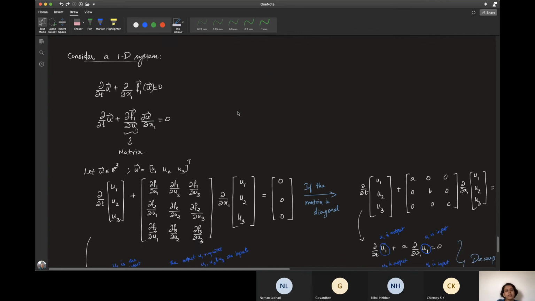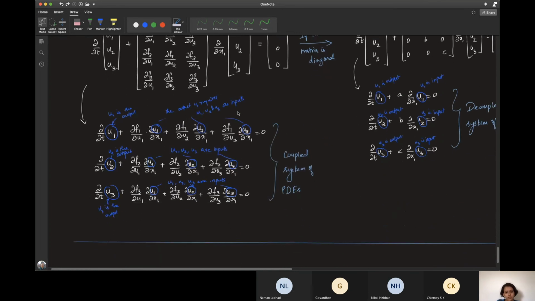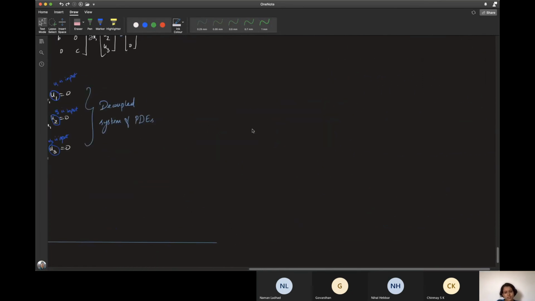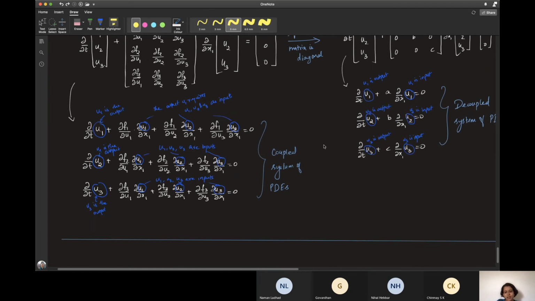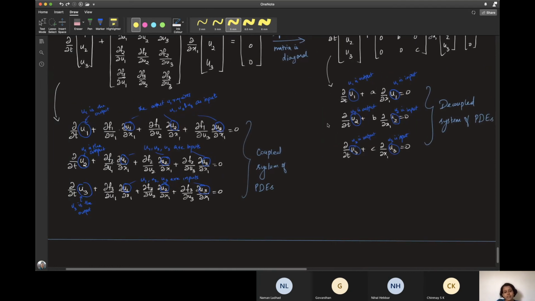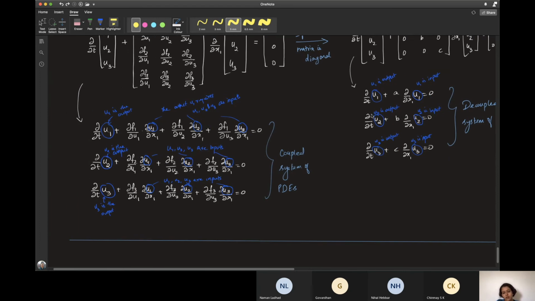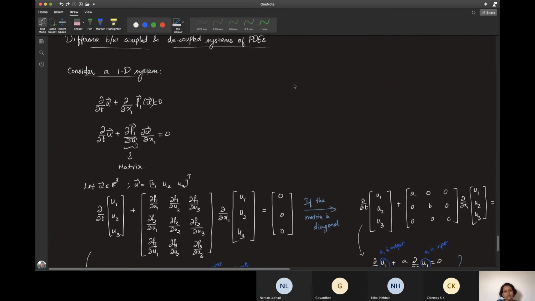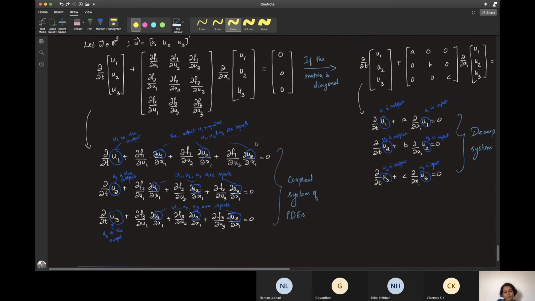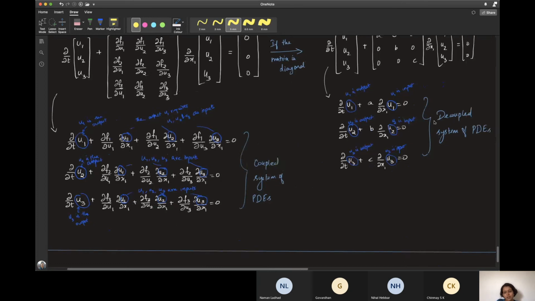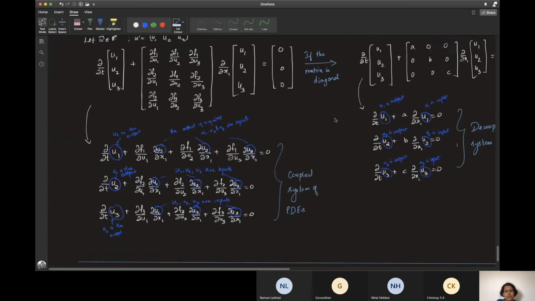Next, in the last class, we saw two different kinds of PDE systems, decoupled and coupled systems. We converted a coupled system into a decoupled system and solved it. But I did not say exactly what coupled and decoupled systems are.